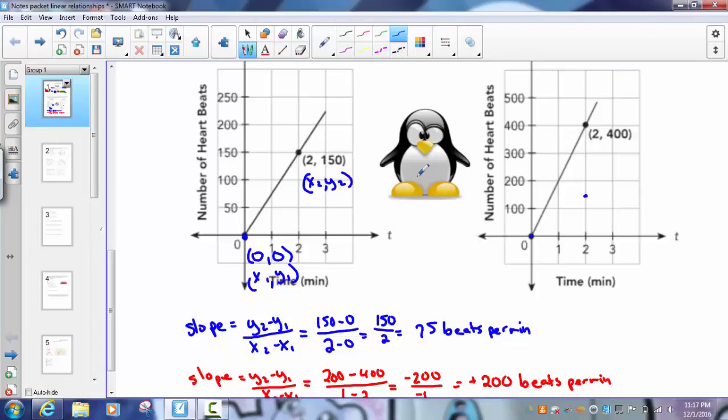You see that if I graph them together on the same graph, then you can see that this one is clearly not as steep as this one. So this has a rate of 75 beats per minute. Then the other red line that I'm going to highlight has a rate of 200 beats per minute. Much steeper. Okay? So this is how you use the slope formula to help you find the rate.